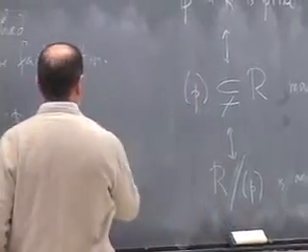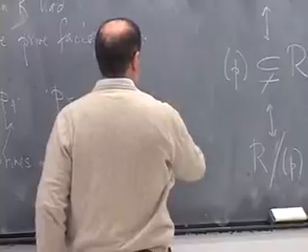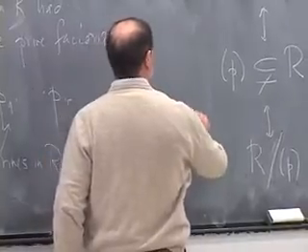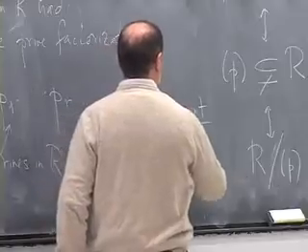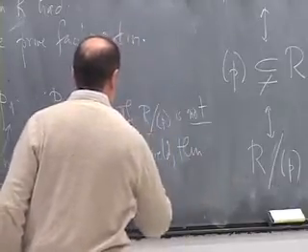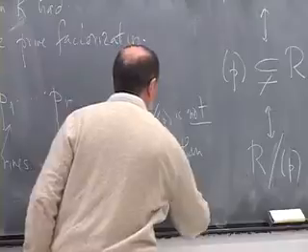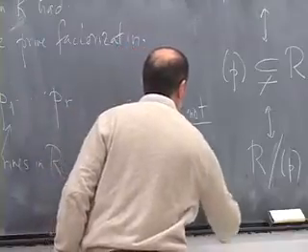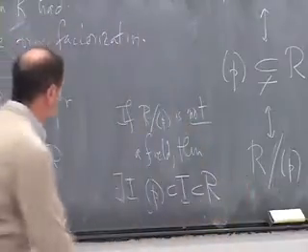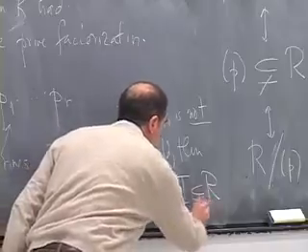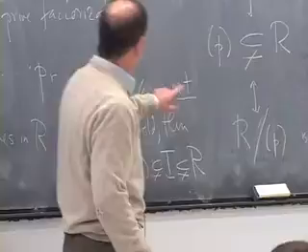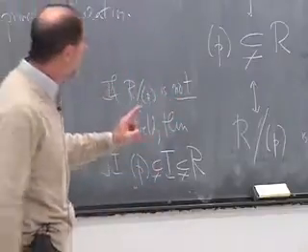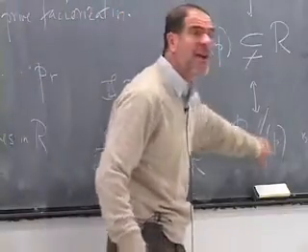So let's make an observation. If R mod P is not a field, then there exists an ideal I which is lying between P and R. So if you can find a prime element so that this is a domain but is not a field, that means that this quotient ring has more than two ideals, right?